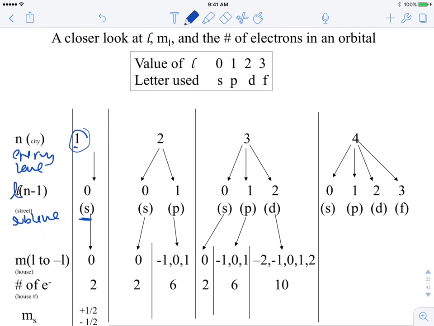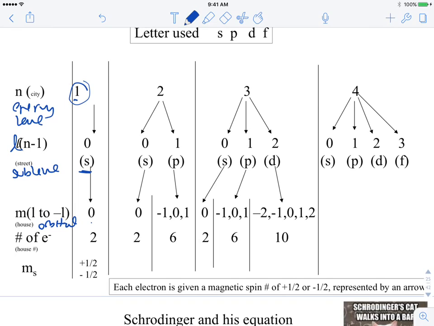Within the S sublevel, this is going to tell me the orbital. There's only one orbital. And within each orbital, I can fit 2 electrons. And each electron can be +1/2 or -1/2.